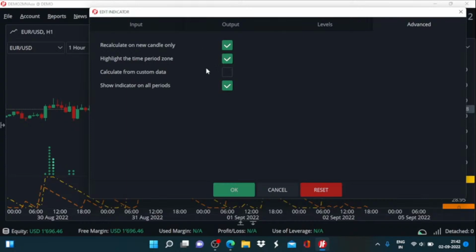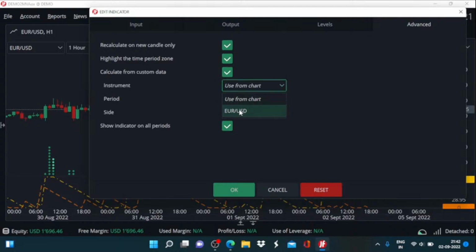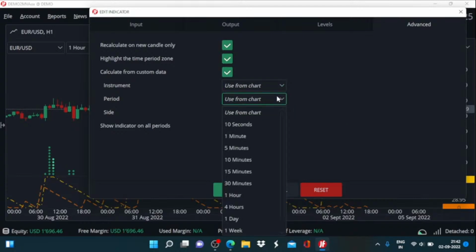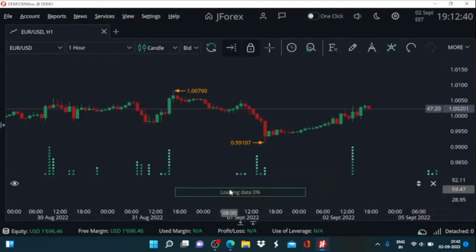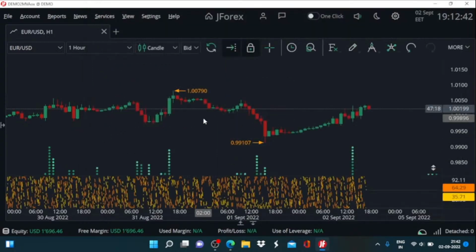Highlight the time period zone: the calculation period will be highlighted from this time period zone. Calculate from custom data: the instrument can be anything from the chart, or you can specify it on your own as well. The same thing applies for the candle period also. You can simply use it from the chart, or you can change it and utilize any of these different calculation periods, which will be different from the chart, but plotting will be done regardless.